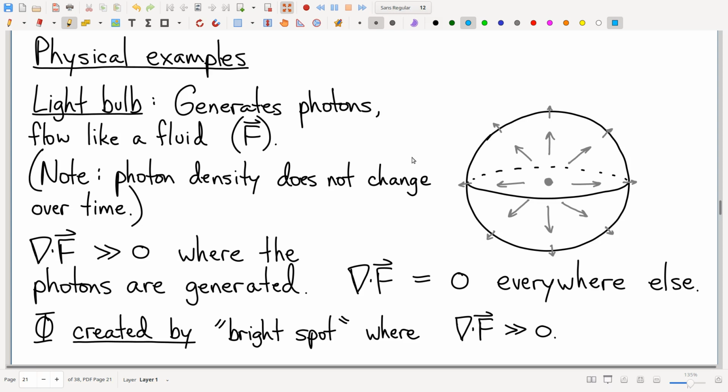So I'm going to start with my favorite first physical example, and that is a light bulb, such as we have in this room. Light bulbs are fantastic physical manifestations, physical metaphors for Gauss's divergence theorem. This is kind of surprising how this works out.